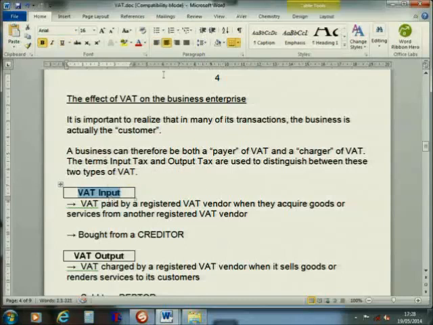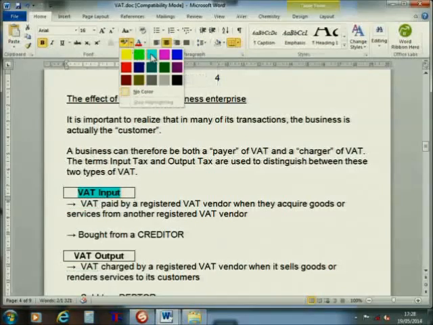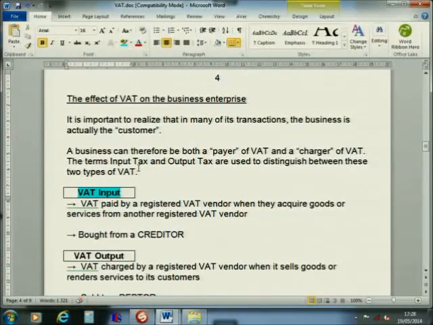Input VAT. What is input VAT? Input VAT is when we bought things and then we pay input VAT. Okay, let me show you this. We bought something from our supplier.